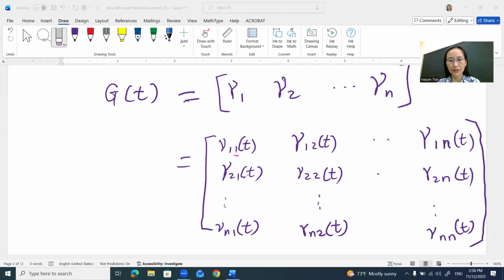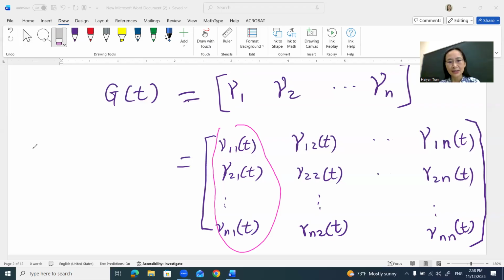So gamma 1 is the first column of the fundamental matrix. And this gamma 1 has the first entry, second entry, third entry, and all the way to the nth entry of gamma 1. So this is our gamma 1.